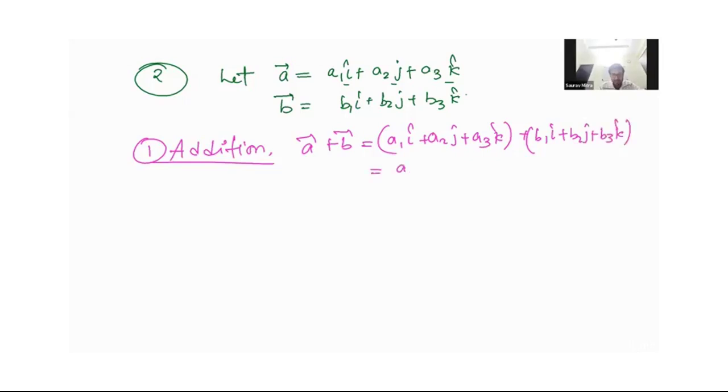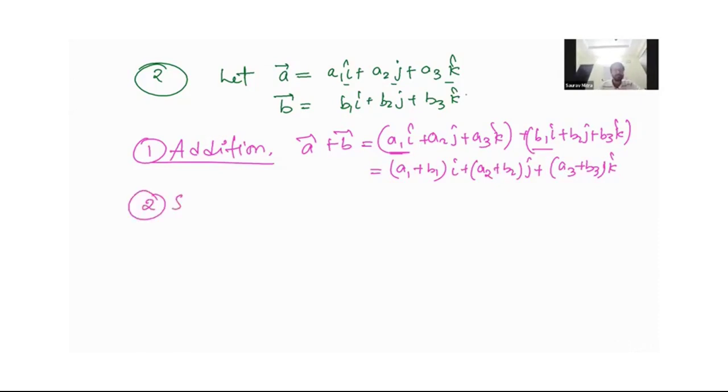That gives (a1 plus b1) i cap plus (a2 plus b2) j cap plus (a3 plus b3) k cap. So we add component-wise: a1 with b1, a2 with b2, and a3 with b3.